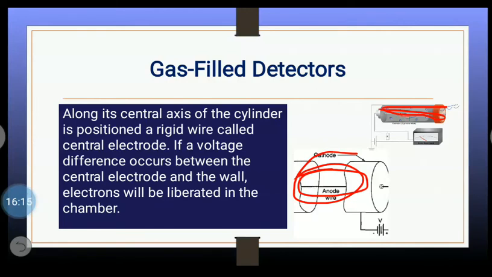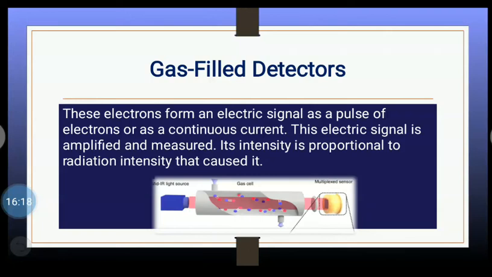These electrons form an electric signal as a pulse of electrons or a continuous current, and this electric signal is amplified. So, ionization, then it is attracted to the central electrode, and then the electrical signal, in the form of pulses or continuous current, is amplified and then measured.